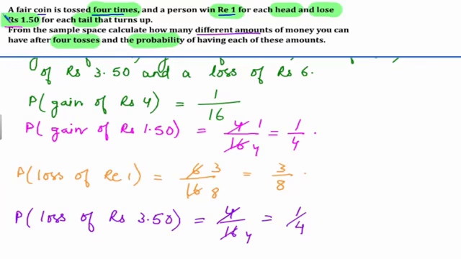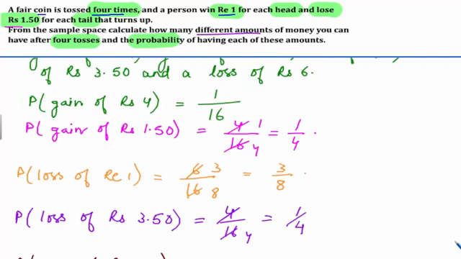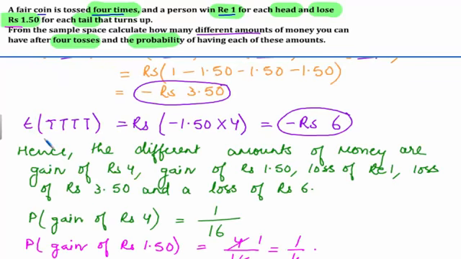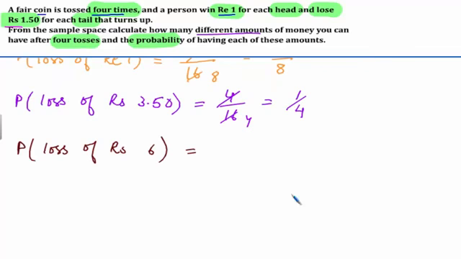Now, the probability for the loss of rupees 6 is given by the number of favorable outcomes. Let us see from the calculation. There is only one outcome for which a person suffers a loss of rupees 6.